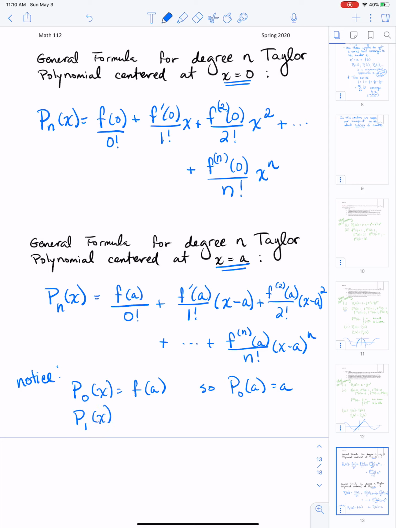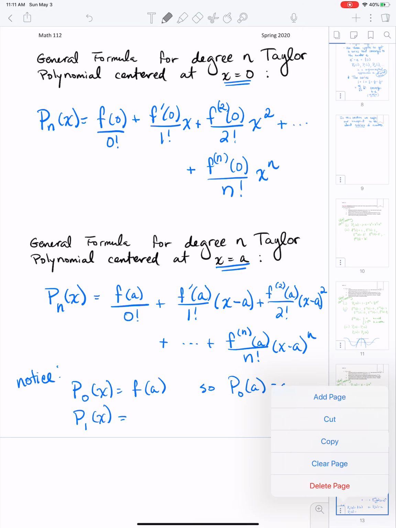P1 of x is equal to, now when we do the differentiation, we need to use the chain rule. So let's see, when we differentiate P1 of x, that first term goes away.